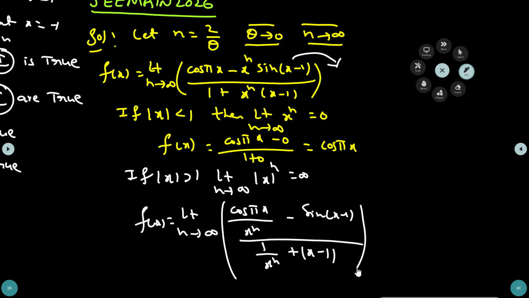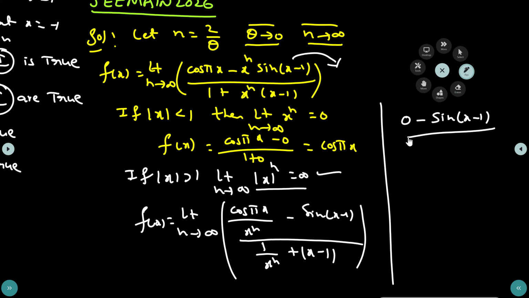Clear? Now limit n tends to infinity, cos pi x by x power n. Now n tends to infinity, x power n tends to infinity. Cos pi x by infinity, something by infinity, becomes 0. So the first term is 0. The second, minus sin of x minus 1, as it is. In the denominator also 1 by infinity becomes 0.